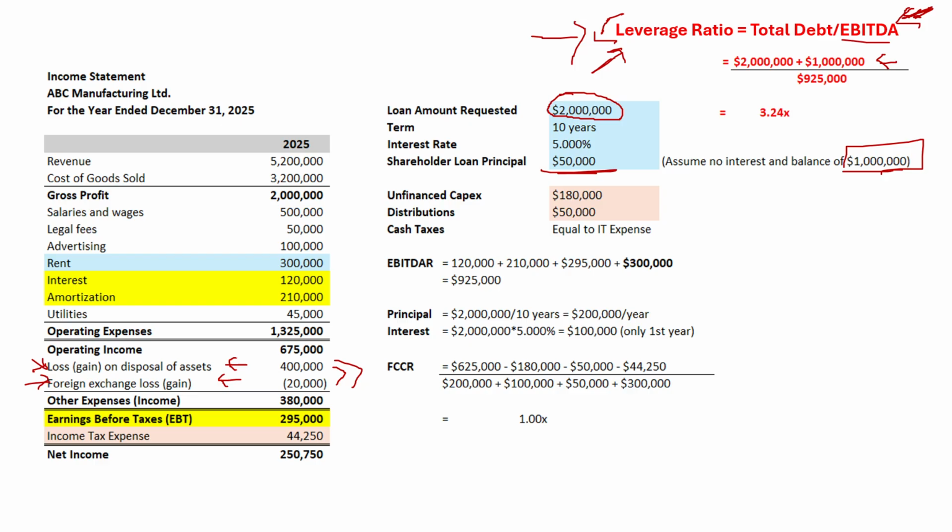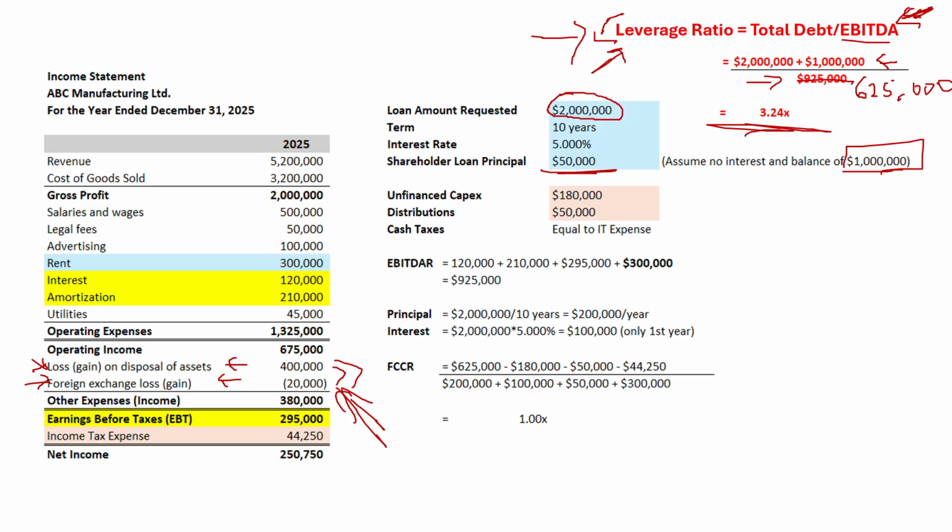So then we're going to divide that by, I guess 925,000 might not be the right number actually. It's usually the EBITDA number, but I think you might have to adjust it for these things as well. So this number might not be accurate. Let's just assume that we're not adjusting for this stuff and we're just using EBITDA.